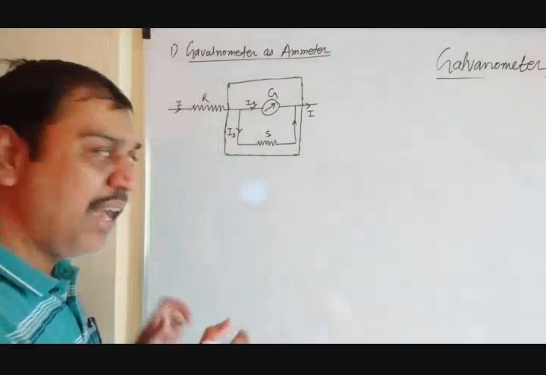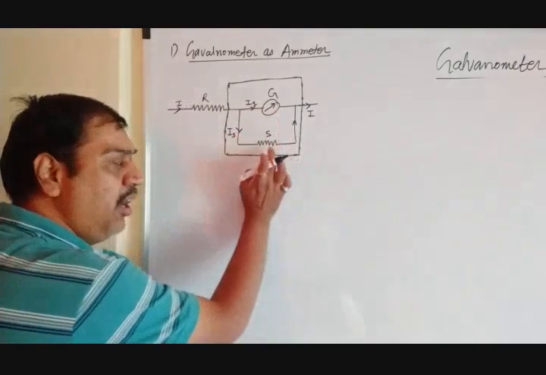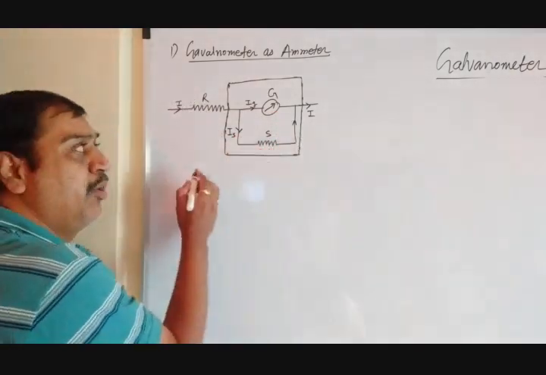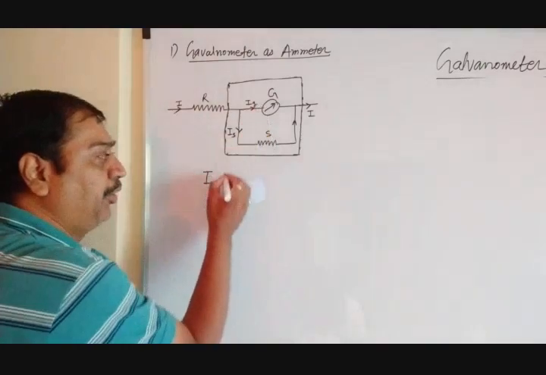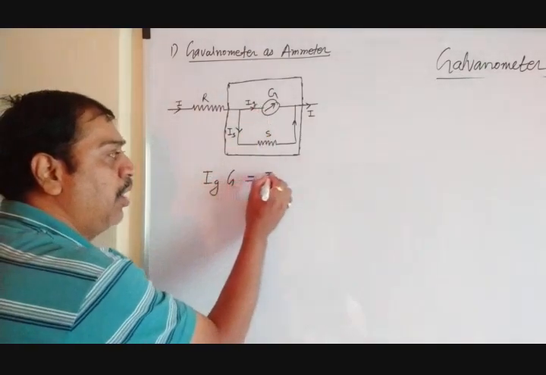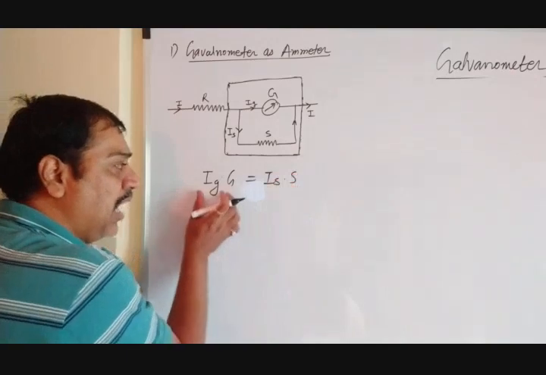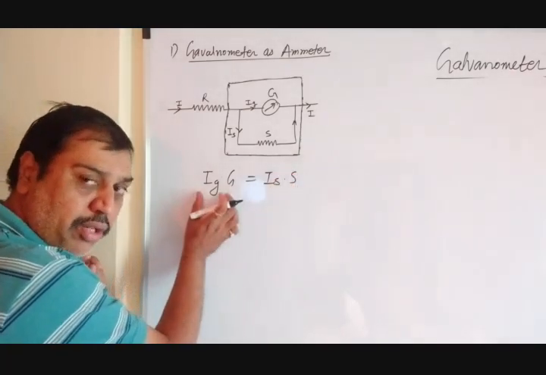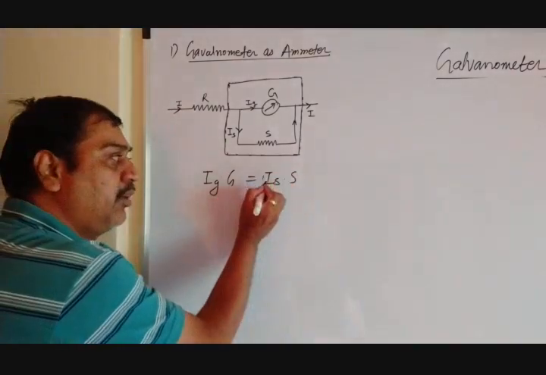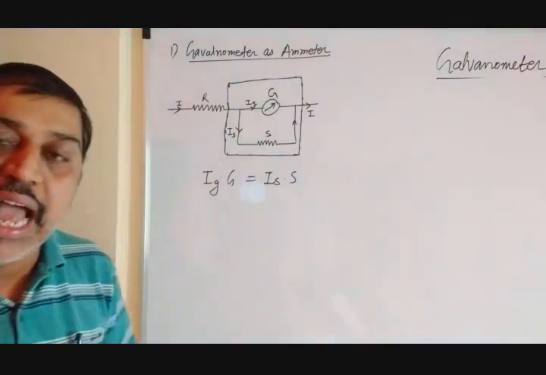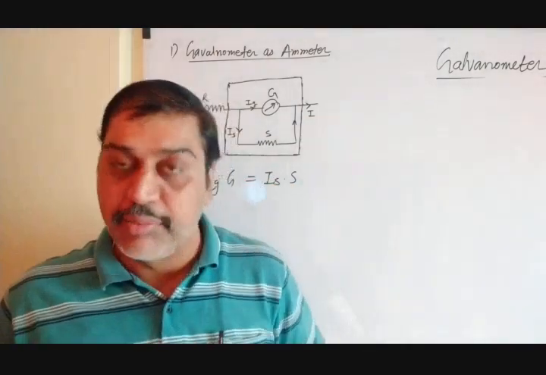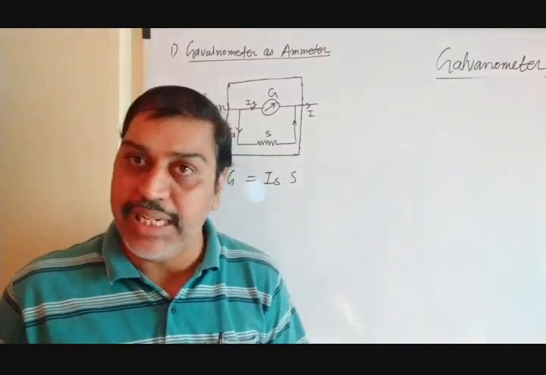So the voltage drop across the galvanometer and the shunt must be the same. Voltage drop means what? Current flowing through the galvanometer, Ig into G, equals Is into S. Ig into G is the voltage drop across the galvanometer, Is into S is the voltage drop across the shunt resistance. As they are connected in parallel, both of their potential drops must be the same.